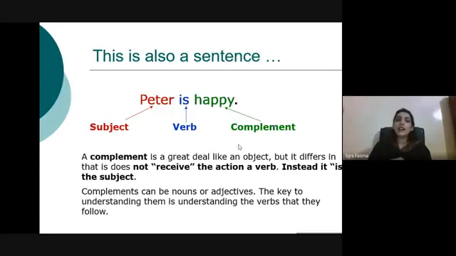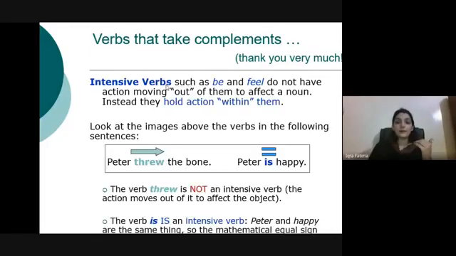It is the word that holds information about the subject. Now you can see in this example, Peter is happy. This word happy is telling you about Peter. It could be an adjective or it could be a noun. So it is a complement about the subject. This is another component of writing a sentence.